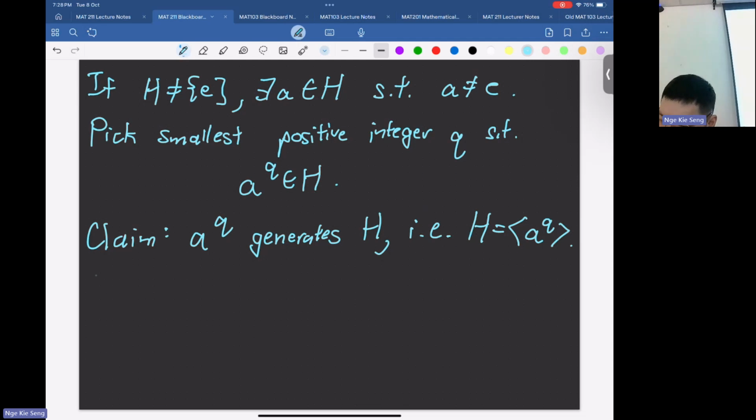So now let's prove this claim. If we prove this claim, this means H is generated by a single element here. Correct or not? Okay, so let's check.